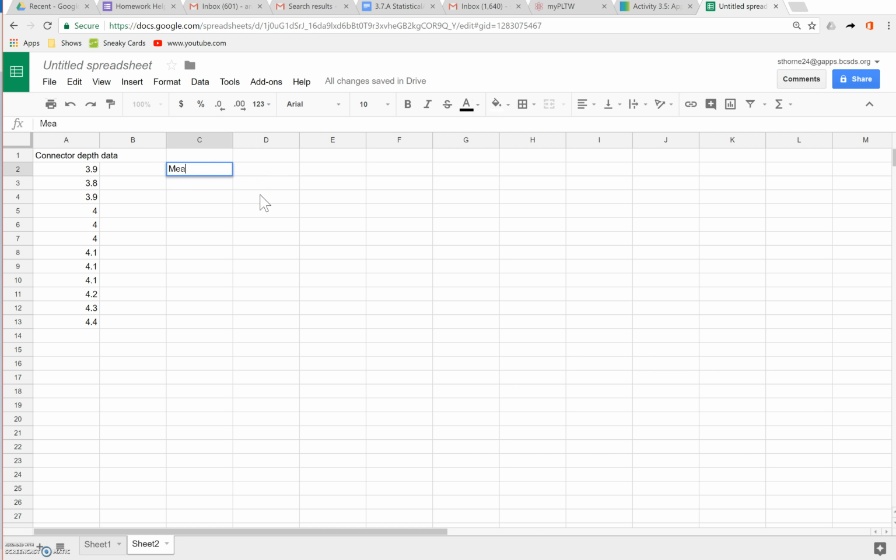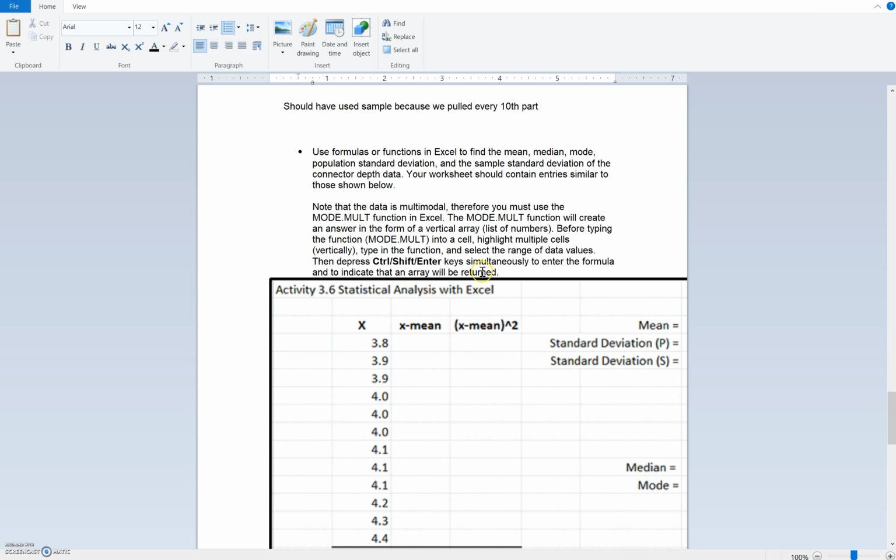Okay, so we want mean, median, mode, standard deviation of the population, standard deviation of the sample. Is this it? 1, 2, 3, 4, 5. They want you to find five different things.